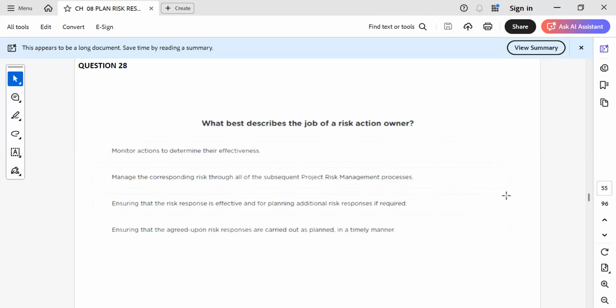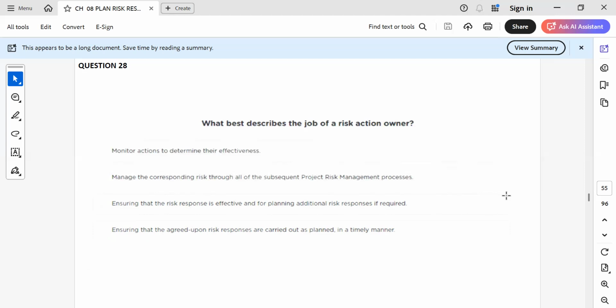The primary role is to ensure that all the risk responses which have been agreed are implemented in a timely manner. But ensuring that the risk response is effective is not only the responsibility of a risk action owner. It's a collective responsibility.